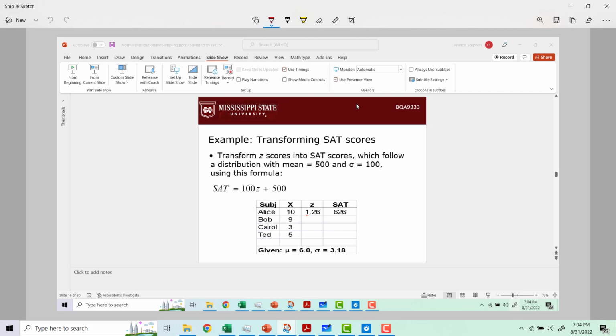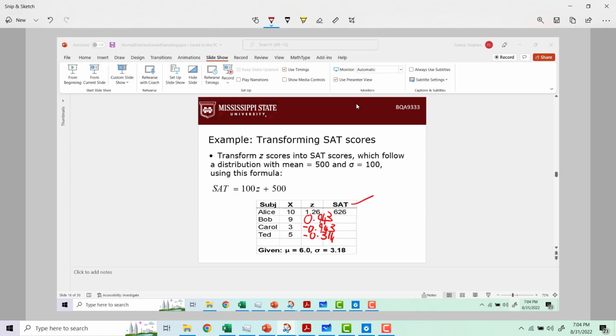So we've got 1.26, 0.94, minus 0.94, and minus 0.314. We'll do it with 3 decimals because we're multiplying by 100.